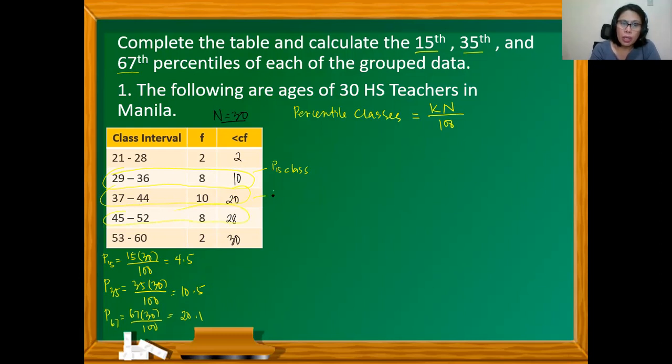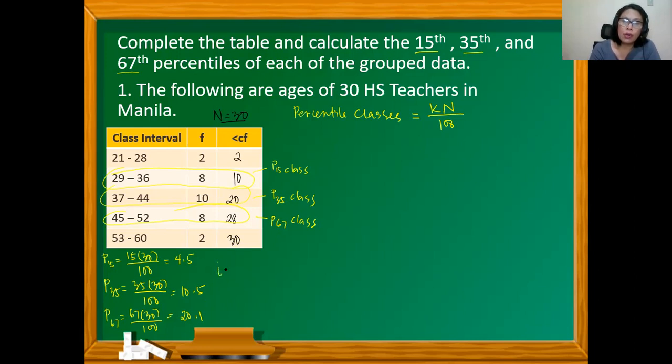So this will be the P sub 35 class, and this will be the P sub 67 class, since 28 is closer to 20.1 than 30. So we're going to consider the fourth class as the P sub 67 class.